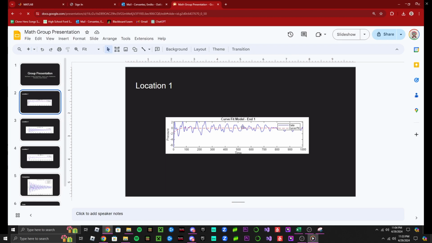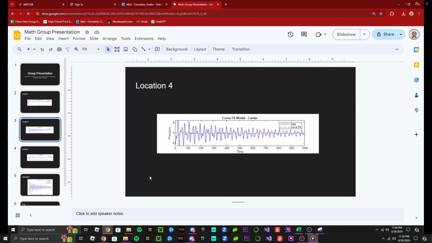The blue line is the original data minus the mean, and looking at it, we can see that the pressure, the highest peak is around 3, while the lowest goes to about -2 on average, but it's centered around 0. But it starts off very low at -5. But looking at it, we can see how the curve fit model estimates the data pretty well there, and that's for location 1.